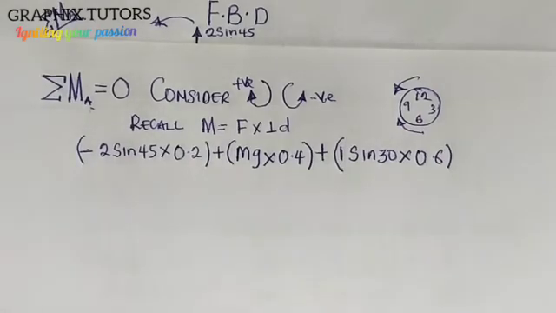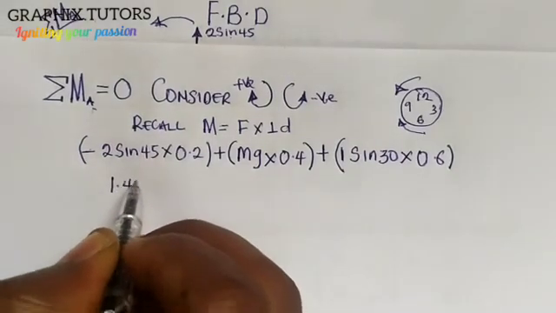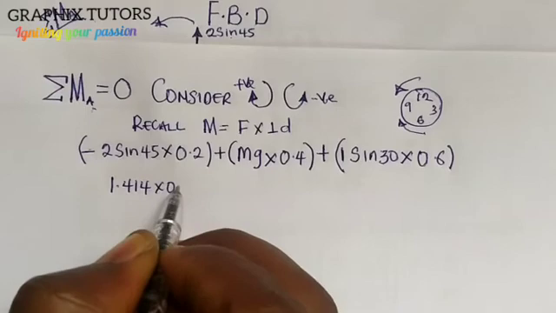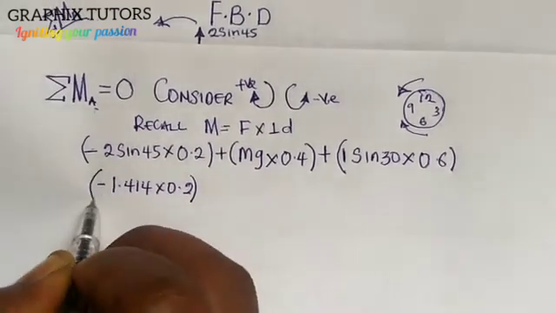We know that 2 sine 45 is giving us 1.414, right? So times 0.2, let me just write it here, 1.414 times 0.2 to the negative here, right?